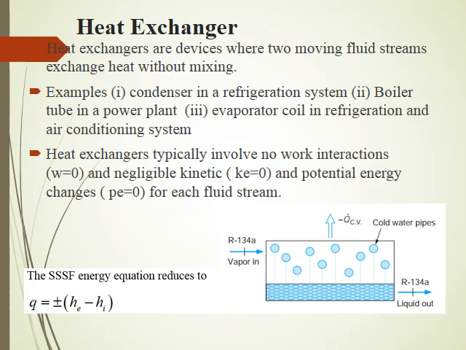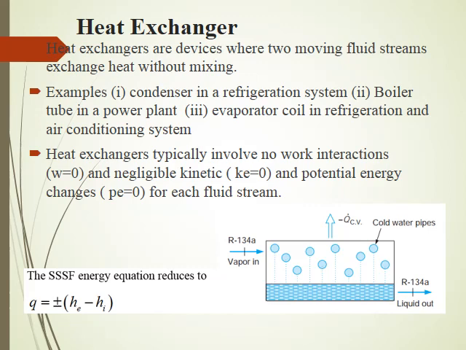Similarly, the condenser of the refrigeration system is also a heat exchanger. The refrigerant, which is at a temperature higher than the surroundings, flows through the condenser tubes and gives out its heat to the surrounding air. So the condenser here is also a heat exchanger. You can see the diagram on this slide.